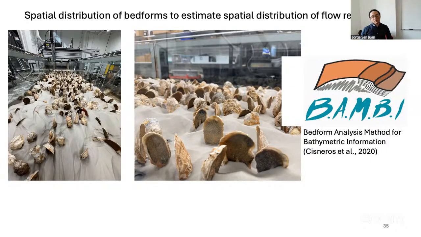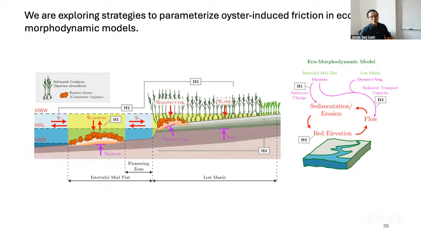And for that, our idea is to implement the bed form analysis method for bathymetric information from Cisneros 2020, BAMBI. This algorithm may help us to have a statistical distribution of the geometry, as a way also for us to have a better understanding of how resistance is being distributed through a patch of oyster reefs.